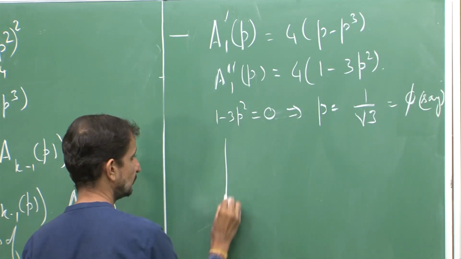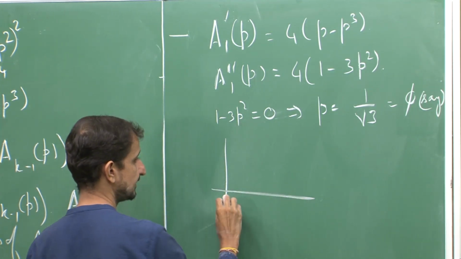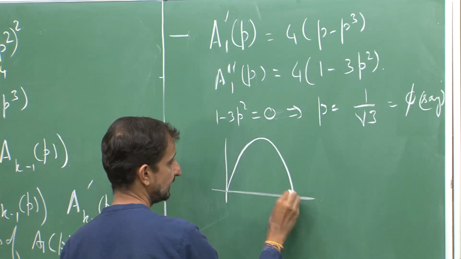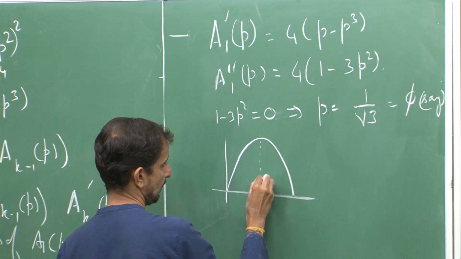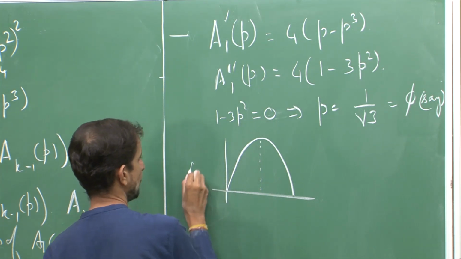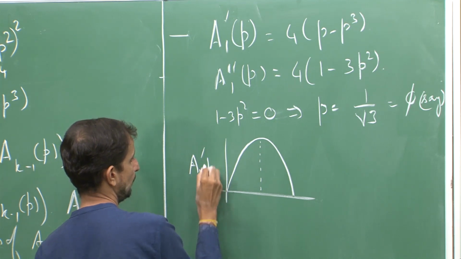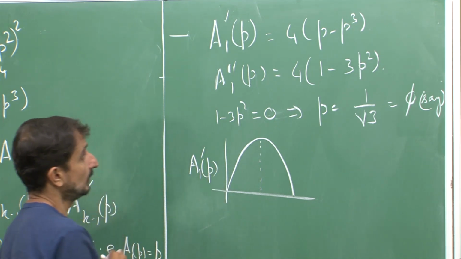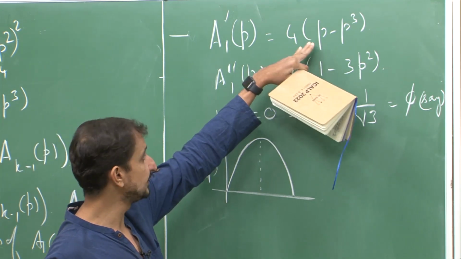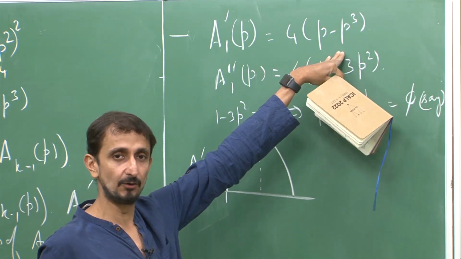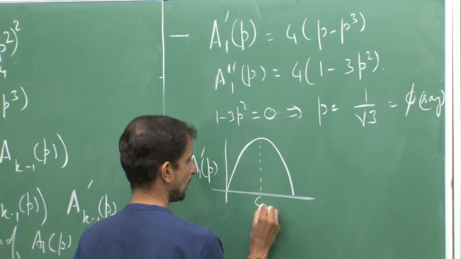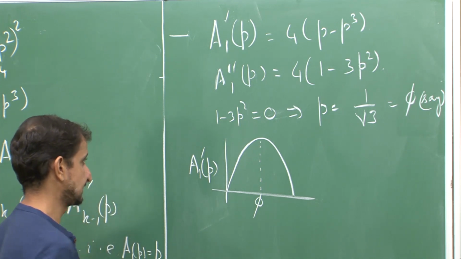So, essentially how the graph looks like is, between 0 and 1, it will have a structure like this. So, this is the graph of A1 prime p. Okay. So, once again at 0 and 1 this takes a value 0, and at phi it takes the maximum value.